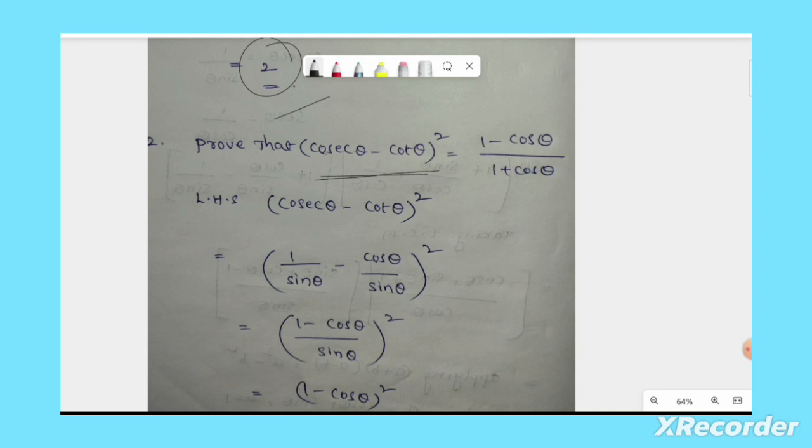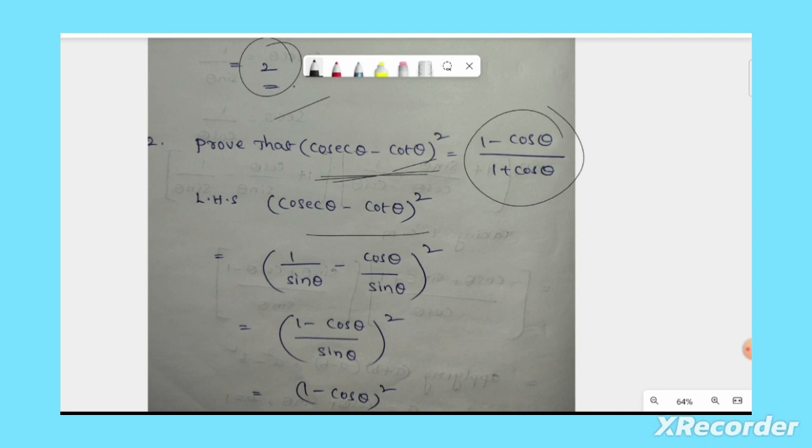Cosecant theta is the reciprocal of sin theta, and cot theta we can write as cos by sin. So in both terms I have sin in common, right? I have taken the left hand side, and I'll try to prove the right hand side value.